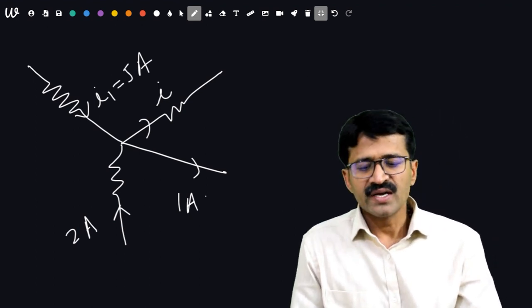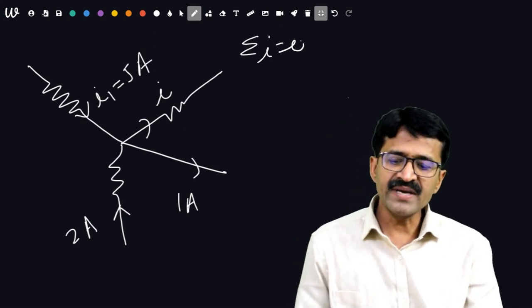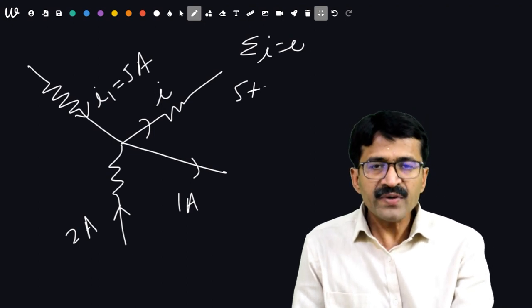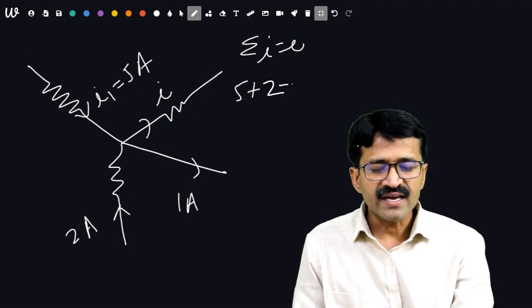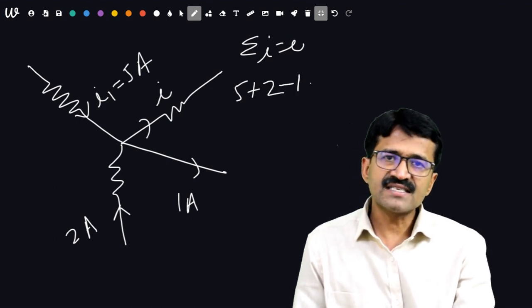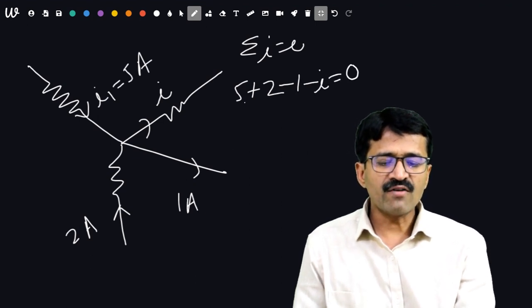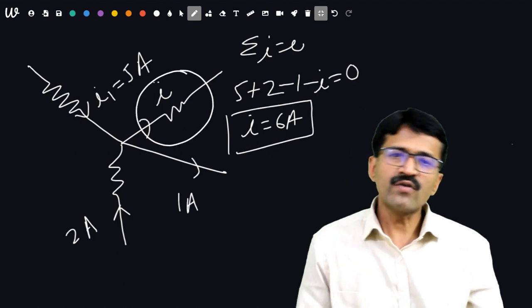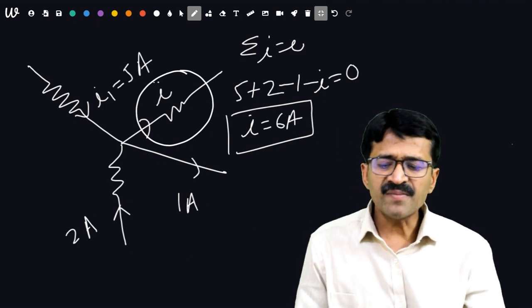As I have told you, according to the first law, sigma I should be 0. That means I1, which is coming toward, is taken positive, 2 ampere toward the junction is taken positive again, 1 ampere which is away is taken negative, and I, which is away, is taken negative. 5 plus 2 minus 1 minus I is equal to 0. You will have 5 plus 1 is 6, so I is equal to 6 ampere. The current to be found is 6 ampere and it is away from the junction. This is about the application.